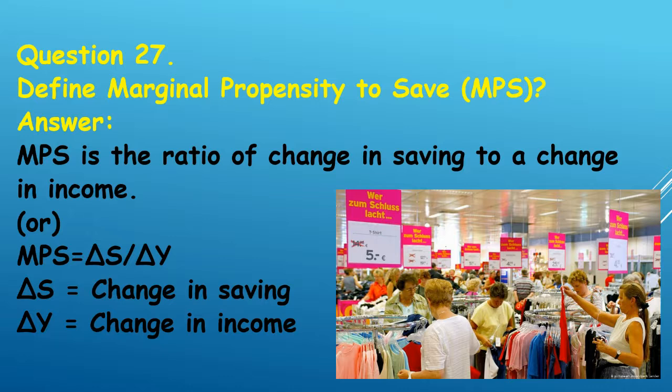Marginal propensity to save is delta S by delta Y, that is change in saving by change in income. The proportion of aggregate rise in income that the consumer saves rather than spending on consumption of goods and services is called marginal propensity to save.